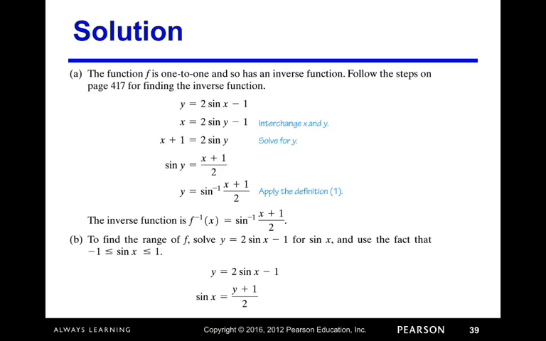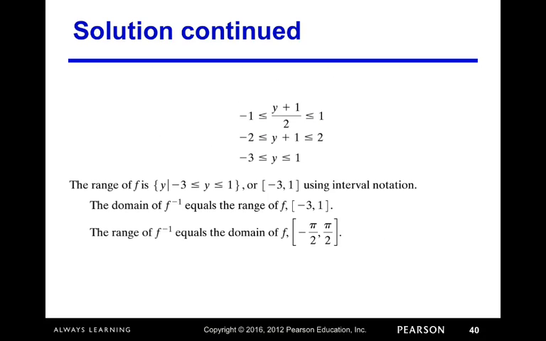Sine of x has to be between negative 1 and 1, so we can say that negative 1 is less than or equal to (y plus 1) over 2, which is less than or equal to 1, and solve it for the range of the original function. That means that's the domain of the inverse.